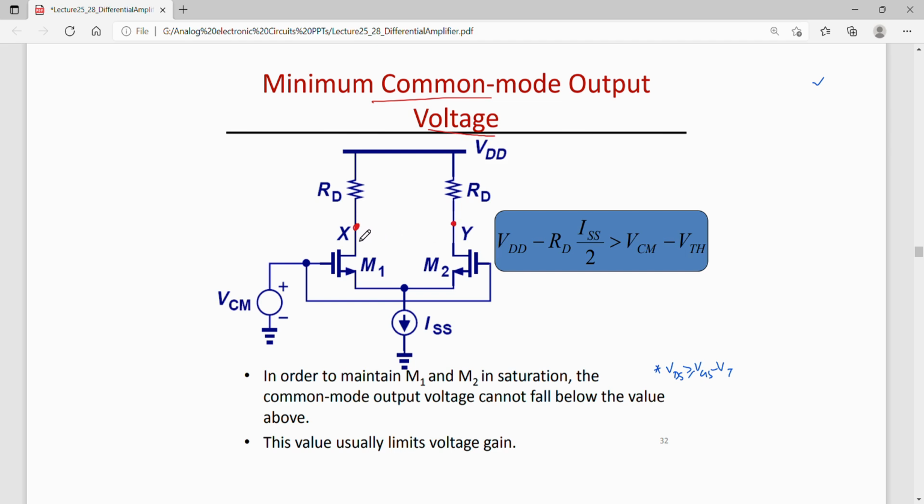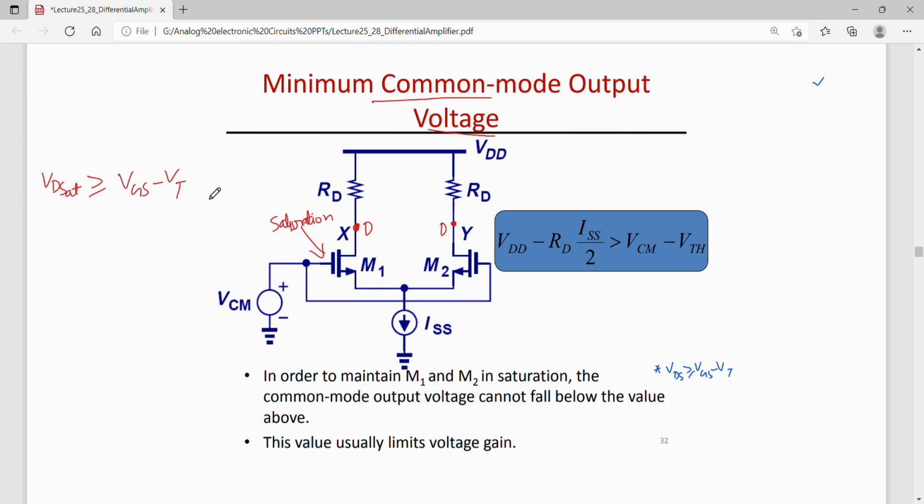Okay, so this can be found, in fact minimum common mode output voltage, because this is actually the drain of these two transistors, and to keep this M1 or M2 in saturation, I need to ensure that drain to source bias, so that should be greater than or equal to VGS minus VT. So I can ensure that the MOSFET is in saturation if I ensure that VDS is greater than or equal to VGS minus VT.